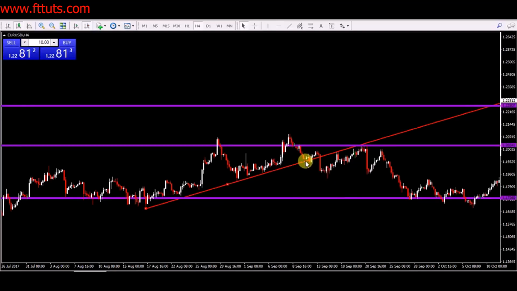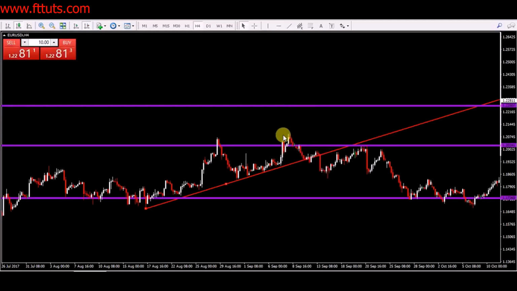On the time frame that we are currently analyzing, in this case the 4-hour, we got this trend line drawn on. We're waiting for that candle close below on the 4-hour chart. So boom, we're up in this area. At this point the market is, let's say, right here.